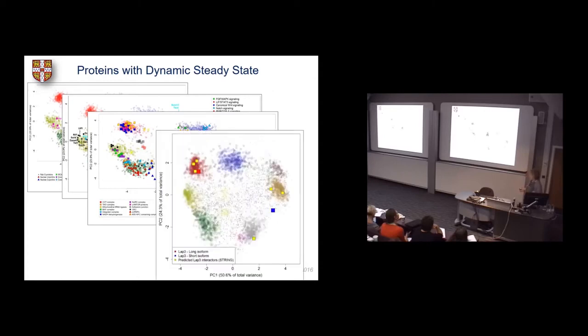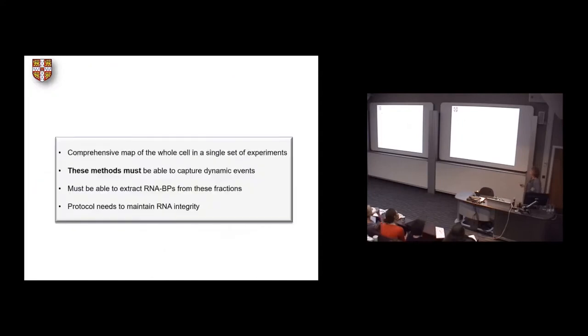And we can see proteins as well, as I said earlier, that are in different places depending on their alternative splicing status. So this is back to LAP3, the long isoform which associates in the mitochondria, and the short isoform which is in an intermediate position between the plasma membrane and the cytosol. So we need to be able to capture dynamic events.